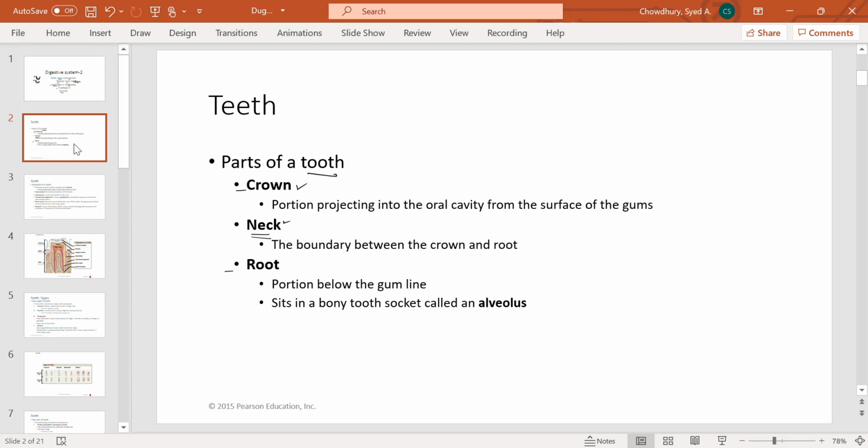The neck is actually the boundary between the crown and the root, and the neck part is located inside the gum. And then you have the root. This root part of your tooth is located inside the bony socket, that means inside the bones. The bony sockets are called the alveolus. So inside the alveolus the root part is located.